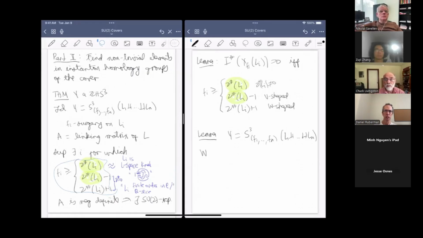Let me say that W is the four manifold that I get by handle attachment, in such a way that I realized Y as the boundary of this W. And so if one of the Lis satisfies the bounds, say lemma 1 and lemma 2.